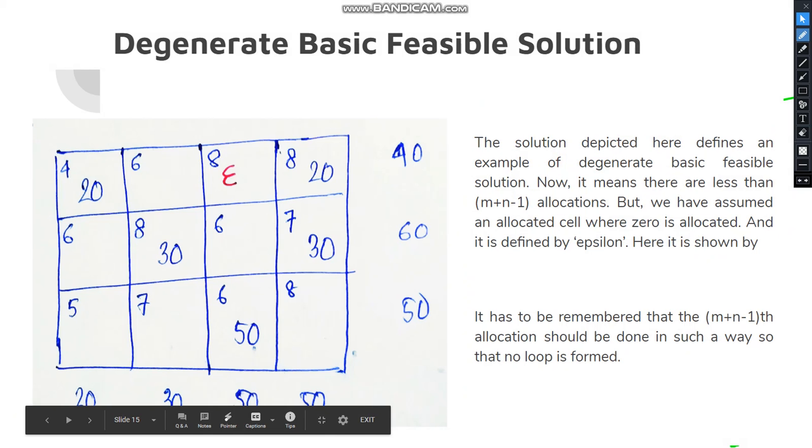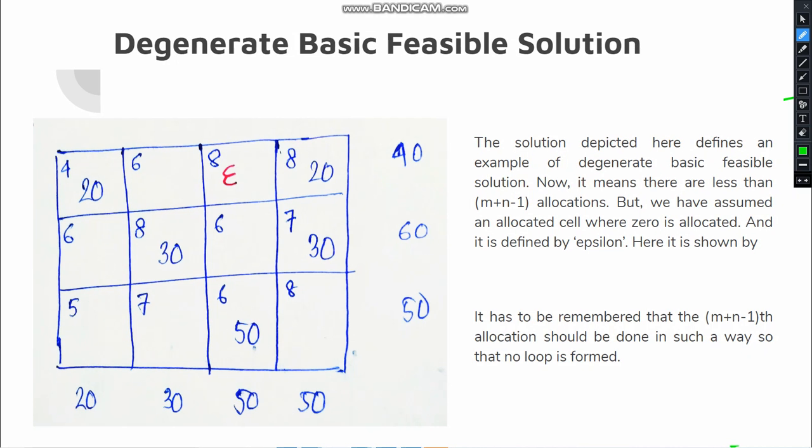So this is what I was just saying. See, the solution we just made earlier, here it is depicted. See, this is the important thing. This is what we mean by degenerate basic feasible solution. So 0, the quantity of allocation is 0.